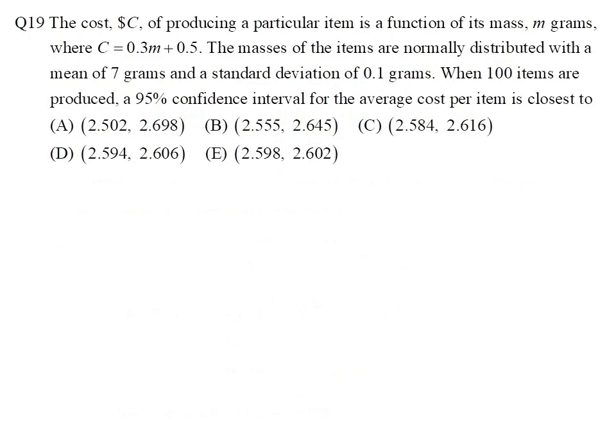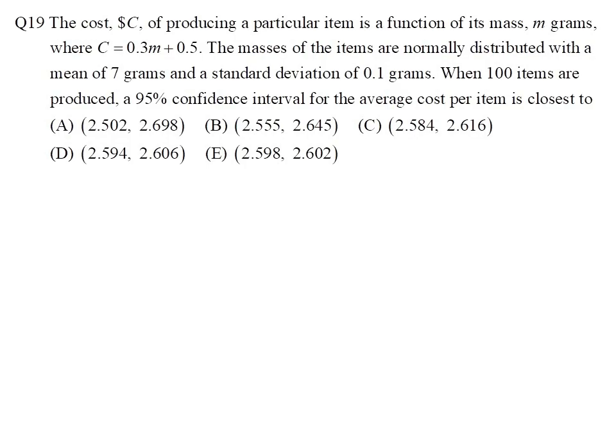In question 19, it states that the cost of producing a particular item is a function of its mass, m grams, where C equals 0.3m plus 0.5. The masses of the items are normally distributed with a mean of 7 grams and a standard deviation of 0.1 grams.